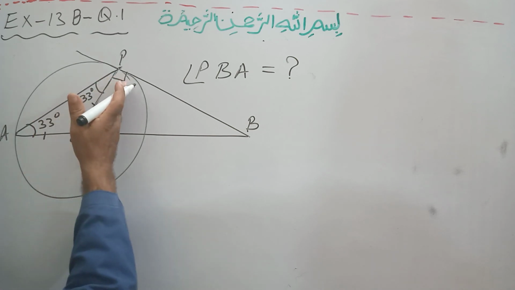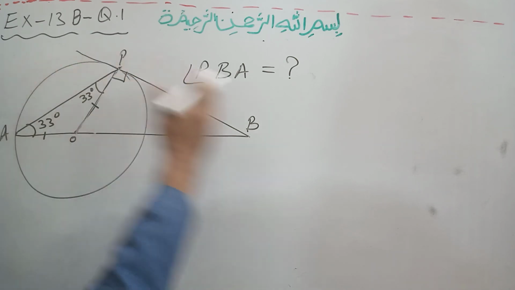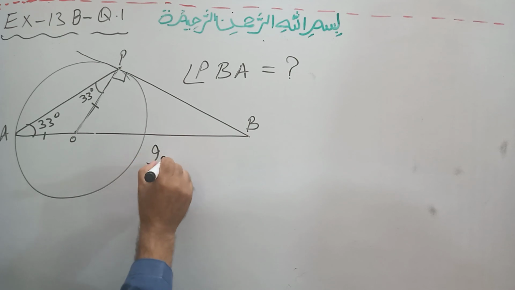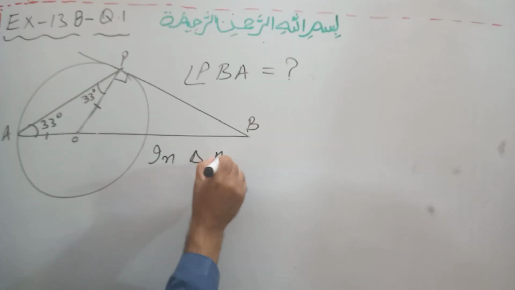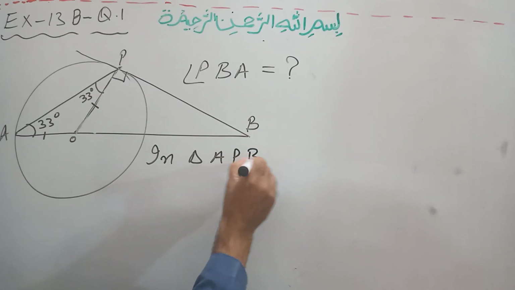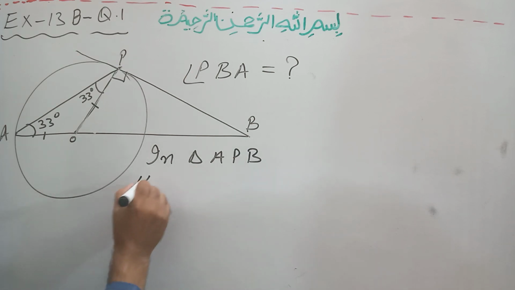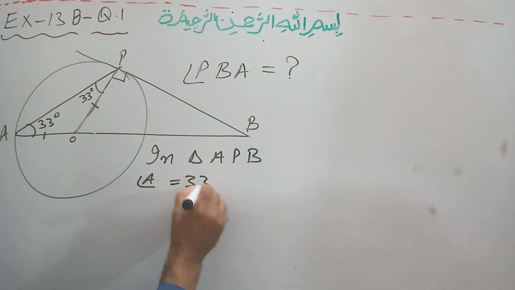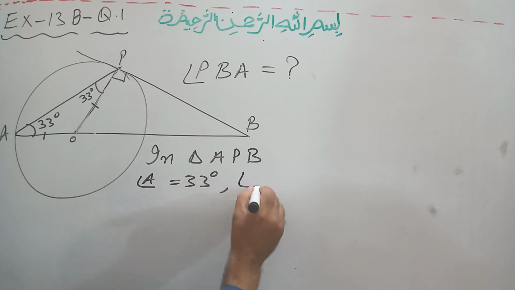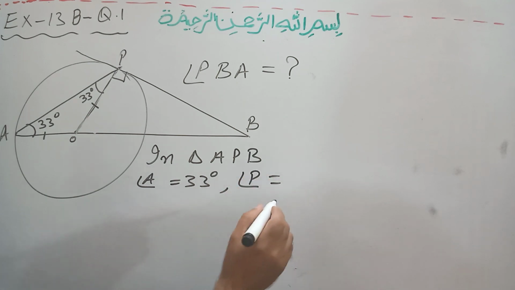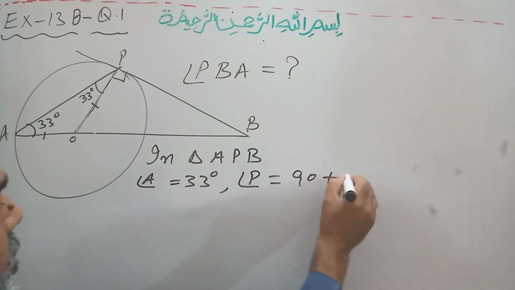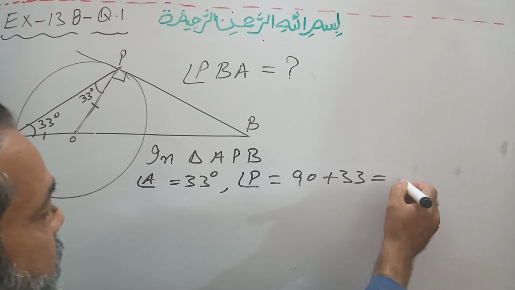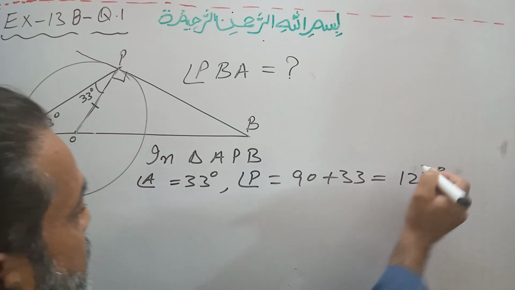We have two angles of the triangle APB. In triangle APB, angle A is equal to 33 degrees and angle P is equal to 90 plus 33. So this is 123 degrees.